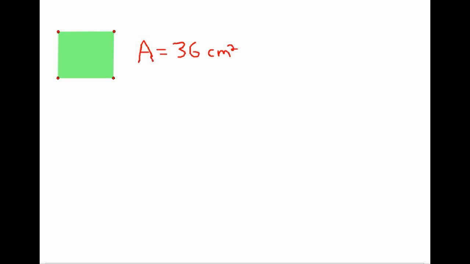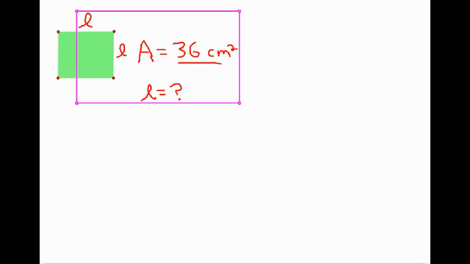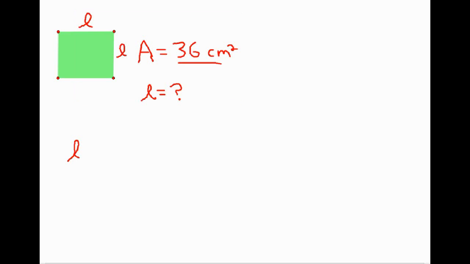A question we might be asked is, if the area is 36 centimeters squared, what's the length? The question is really asking, if this is the length, then this is the length. So to calculate the area of this square, we would multiply length times length.